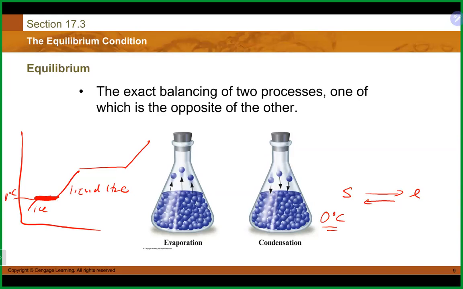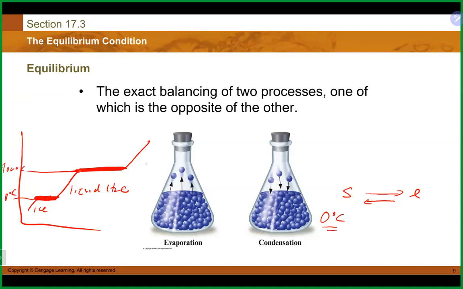But that's an equilibrium process because right at 0 degrees Celsius, in the case of water, you have ice crystals, so you have solid and you also have liquid at the same time. It's not until you get a little bit above or below that you really transition from one phase to the next. It also happens, as we see in these beakers, at 100 degrees Celsius.